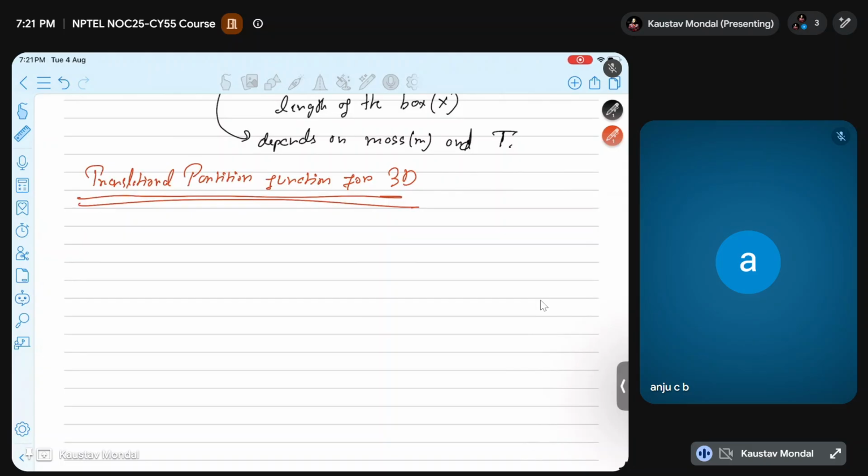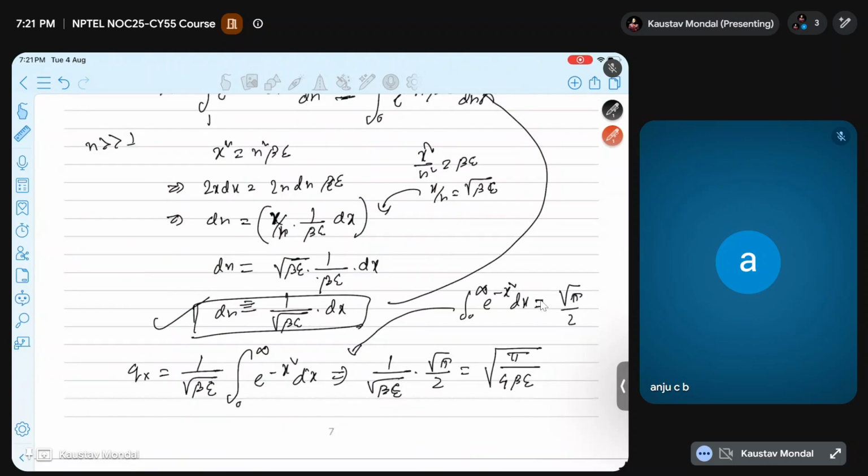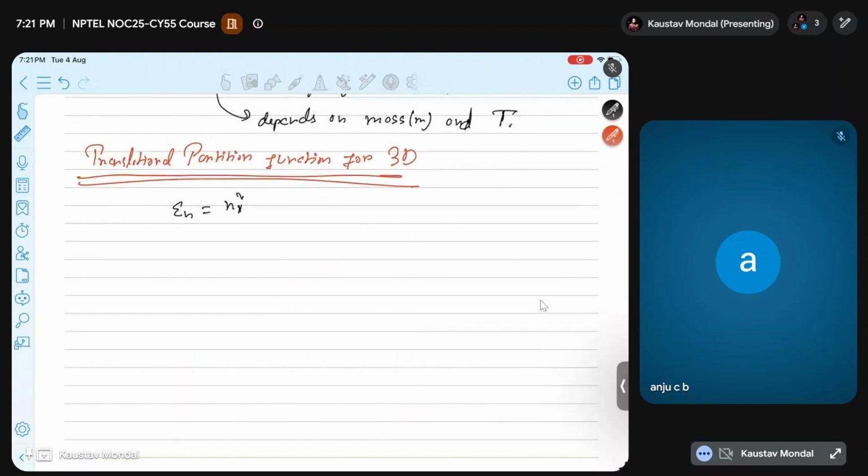So in quantum mechanics also we know, in case of a 3D box, the energies look like this, right? Basically nx squared h squared by 8 m x squared, and ny squared h squared by 8 m y squared, and then nz squared h squared by 8 m z squared.